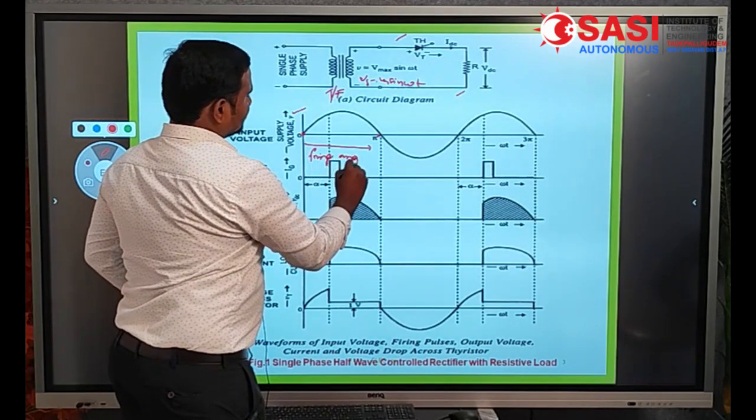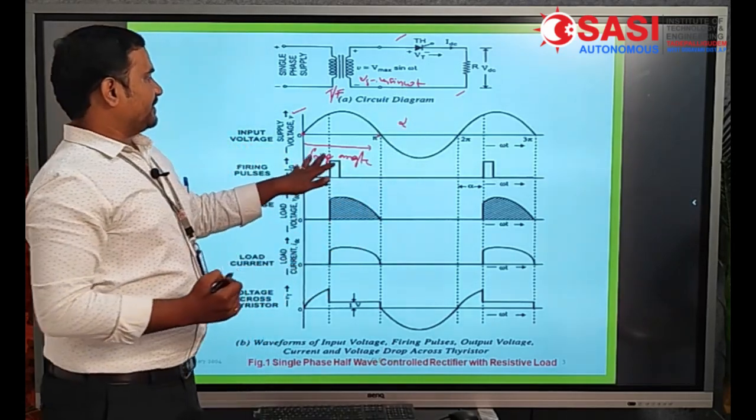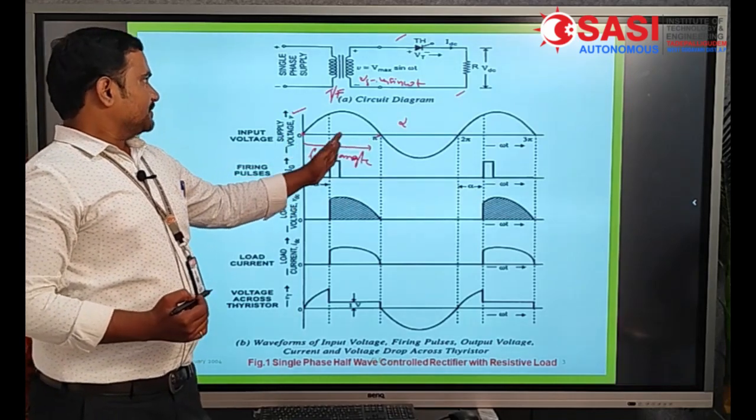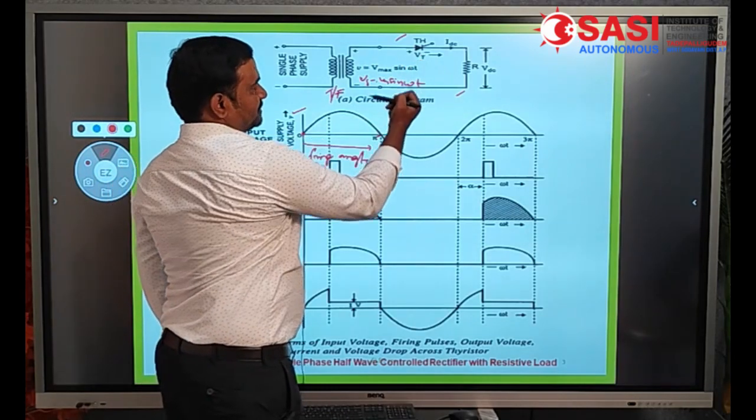Alpha is the firing angle here, and by varying it from 0 to pi, the output can be controlled. For that we are operating with the thyristor switch.